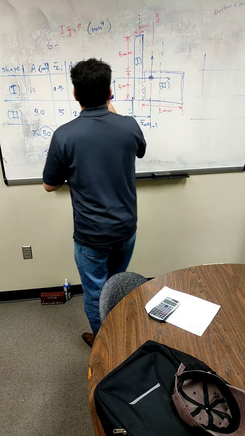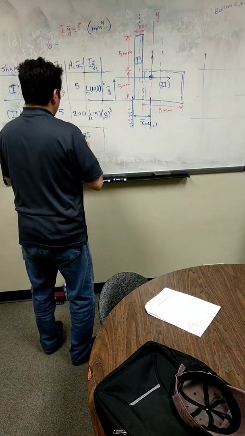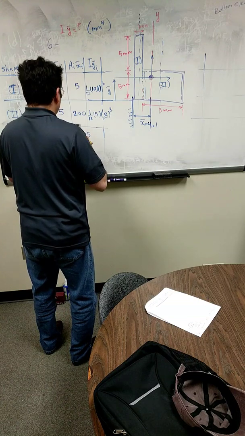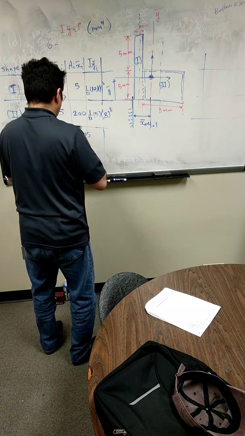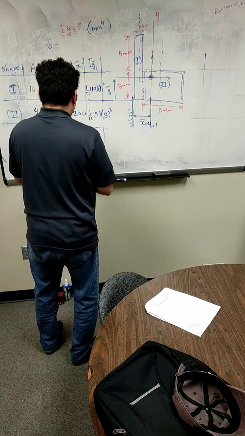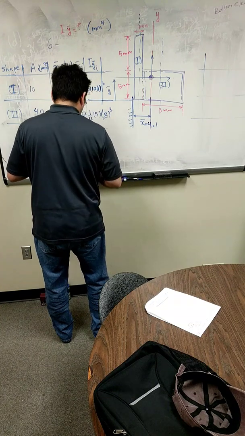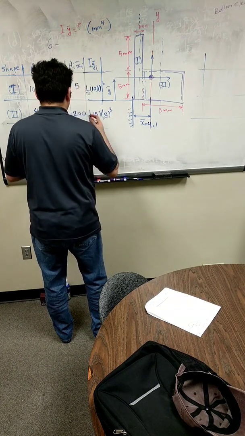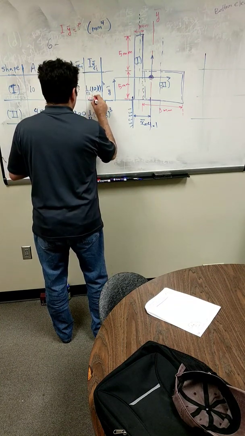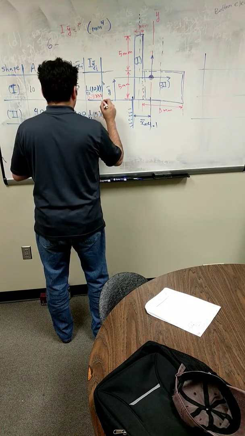So the value for that, put in a calculator, is 10 divided by 12, which becomes 0.8333.